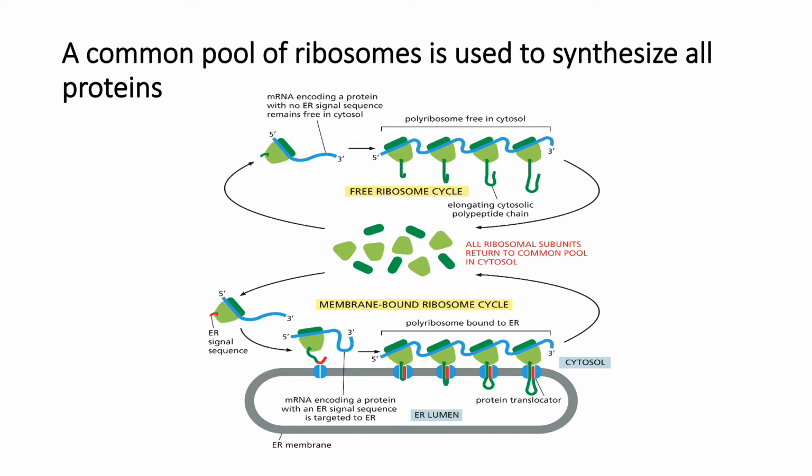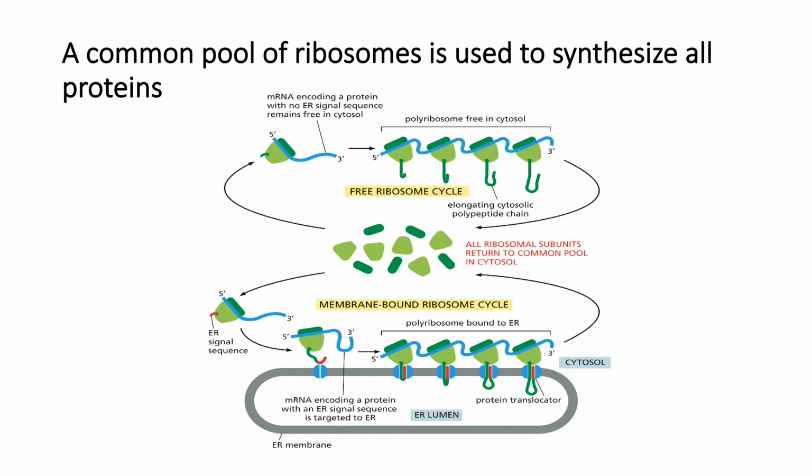And that ribosome, with the protein being synthesized, makes it over to a receptor, which we'll look at in a moment, and then the ribosome locks onto that receptor, and the protein is synthesized and forced through a pore that is part of the receptor complex.